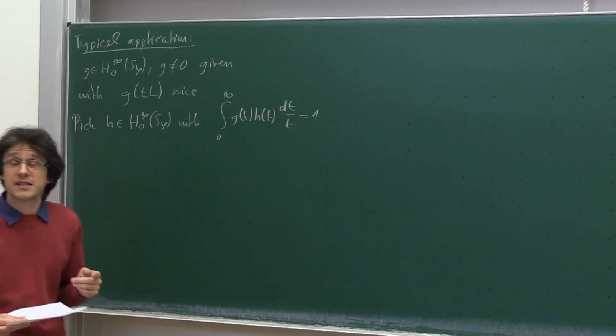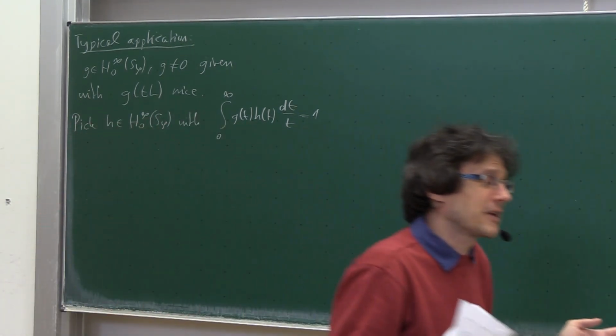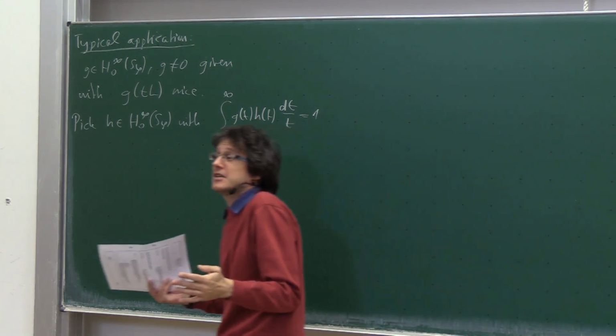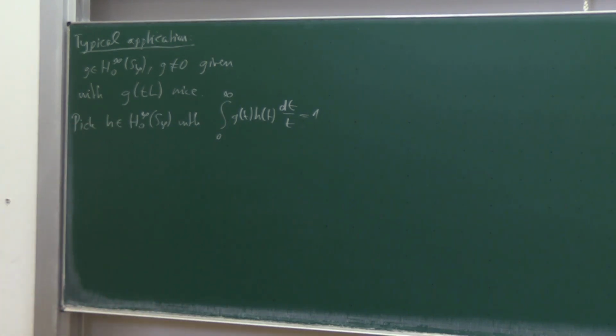The other question is, where on earth should I get such an h from? Does this always exist? Is there an instance where it exists? Why should it exist?